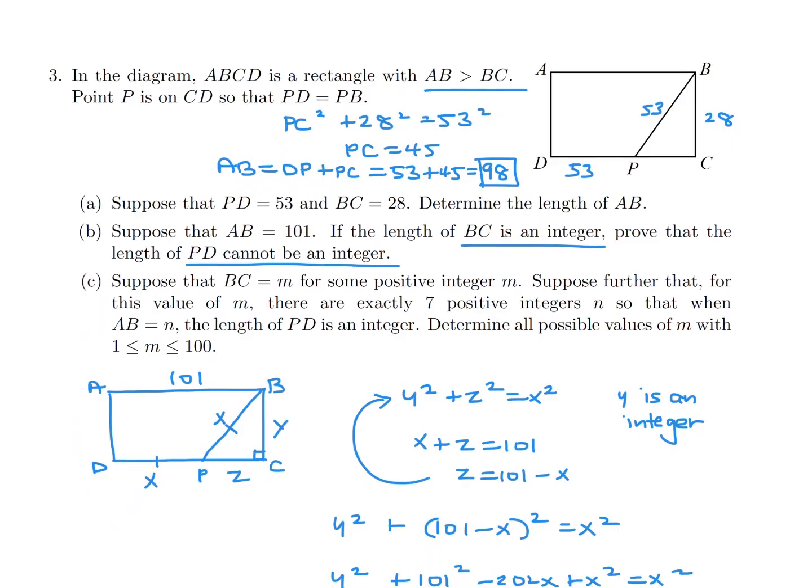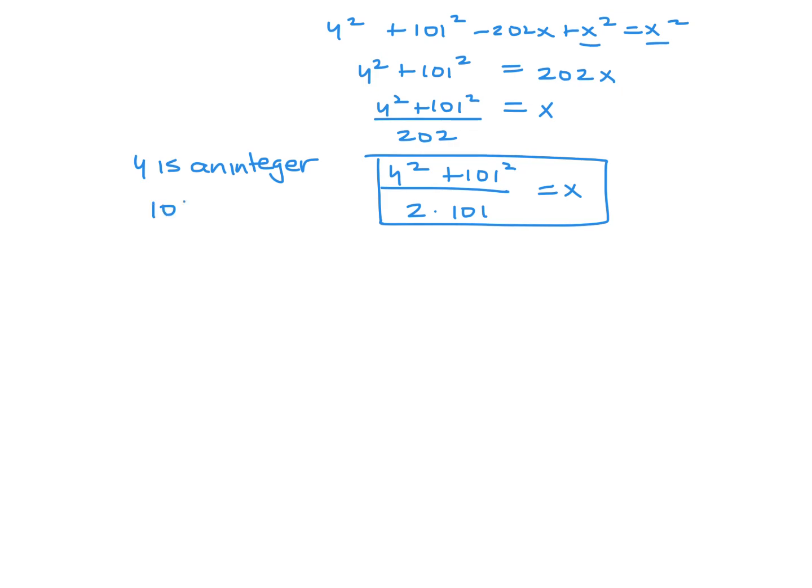AB is greater than BC, so that means AB, in our case, AB is 101, so that means 101 is greater than BC, which I have denoted as y. So y is less than 101.